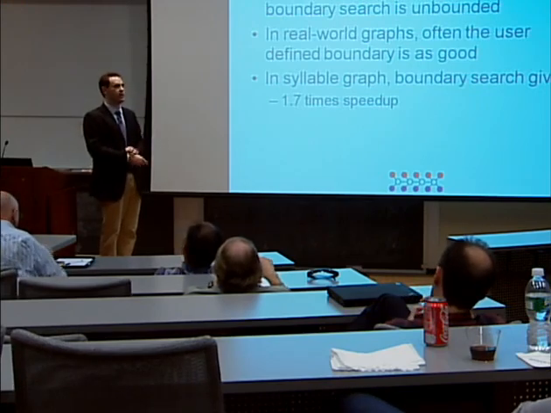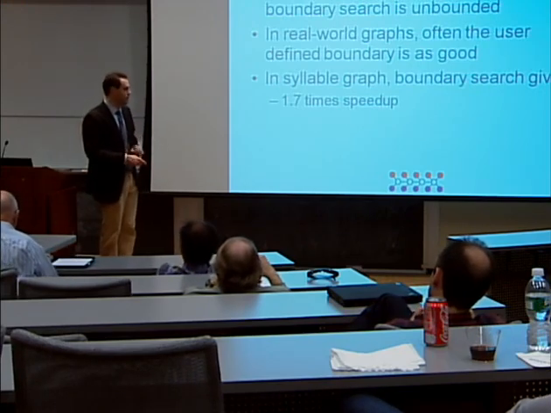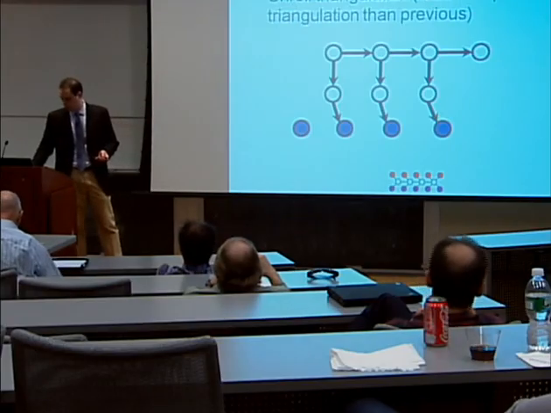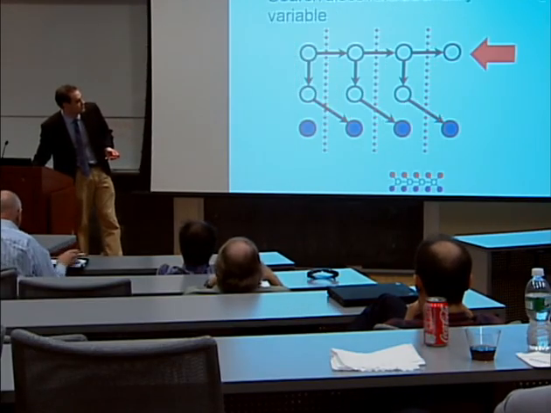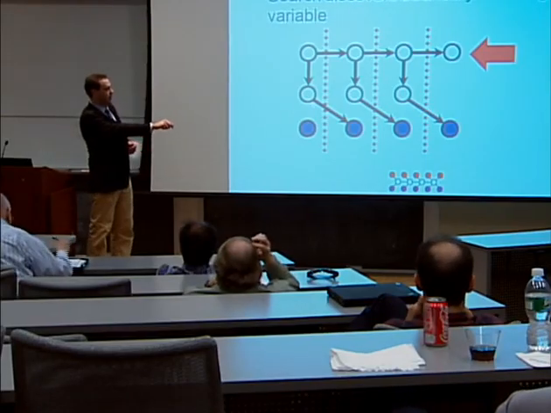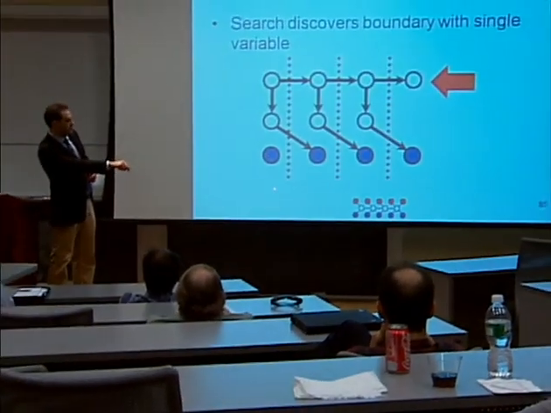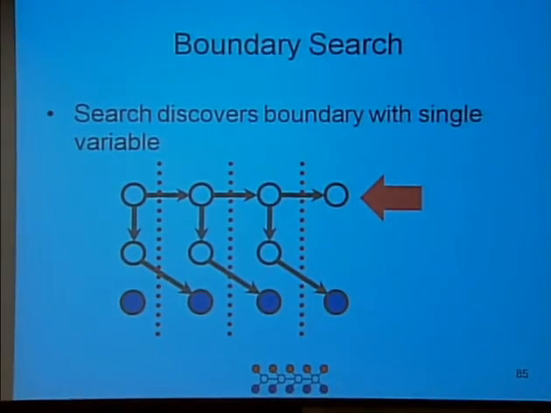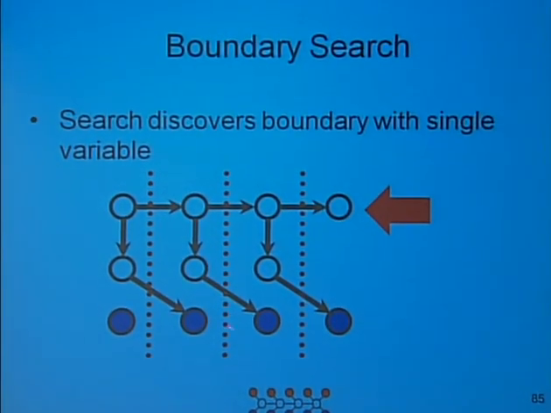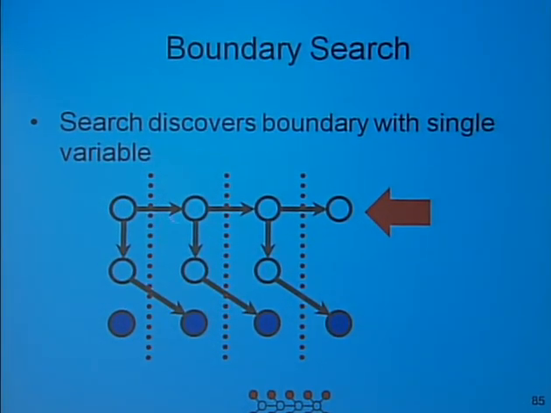And that can improve it. If you think about yet another variable that's down beneath this one, and you have an arrow going down, then you'd have to look across 2 frames to find the boundary up here.